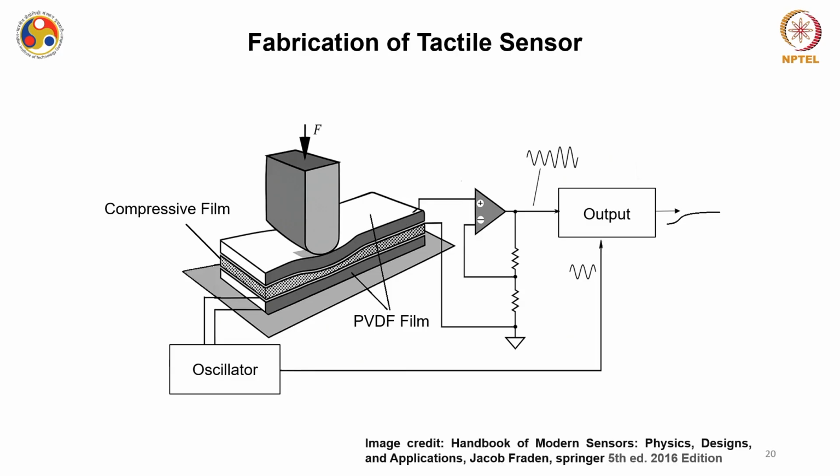Let us consider this diagram where you have two PVDF films and in between you have a compressive film. Now, this oscillator is attached to the bottom PVDF film, and along with that you have this op-amp configuration, and then you are taking the output. We will see what all these components are.